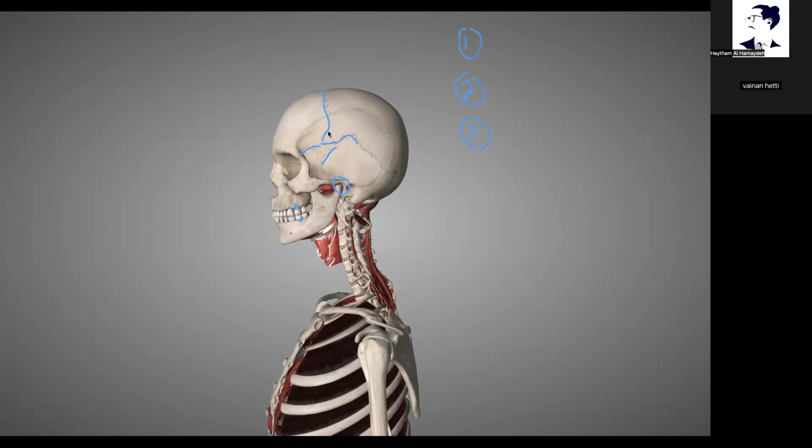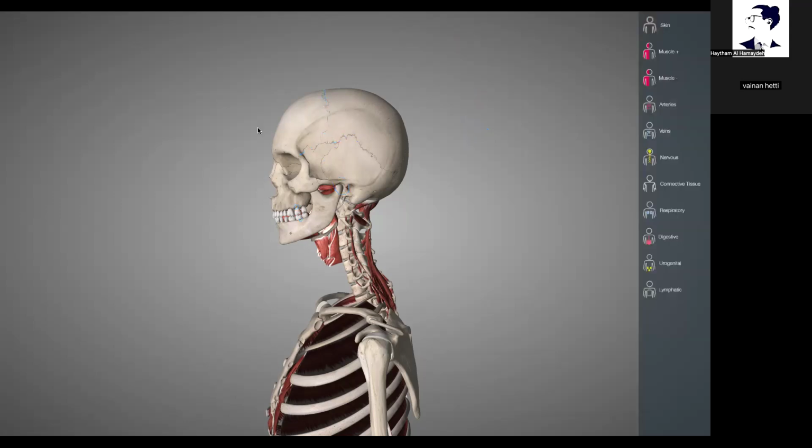The type of movement here is synarthrosis. In other words, no movement here, no movement between those bones.